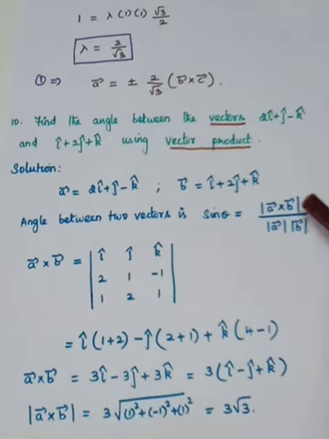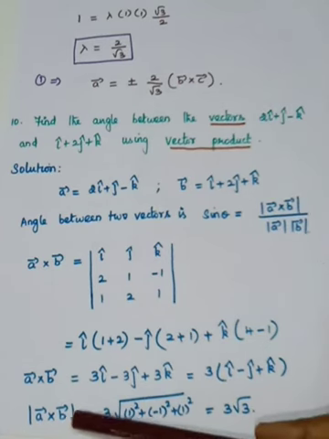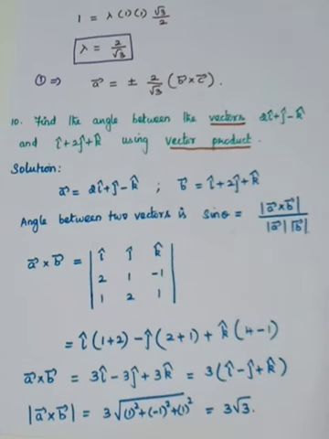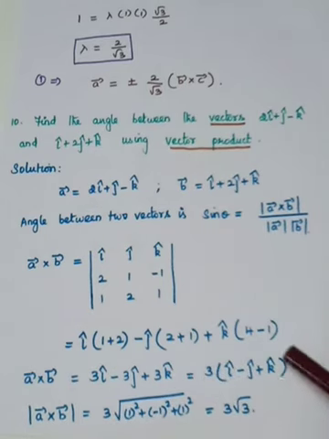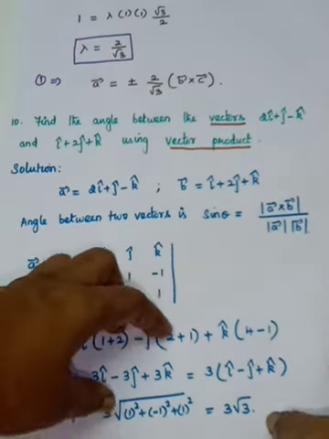Then in this formula, what is asked? Magnitude. So magnitude of A cross B means the modulus of this vector. Modulus of 3 is 3. And how to take the magnitude of this vector? It is the square root of x square plus y square plus z square. Everything is 1 here. If you add 3 ones, it is root 3. So 3 into root 3.